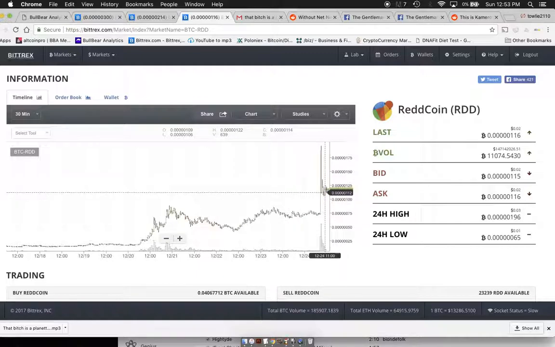So from here, it went up to about 200, and we're at about 100 or so. I'll be watching it from here to see if it dips down any lower than this 50% line, or if it keeps trading sideways. But I would imagine that it's going to do something like this.